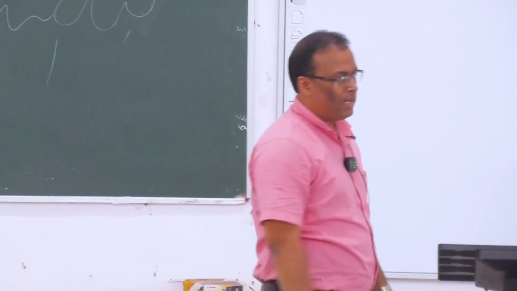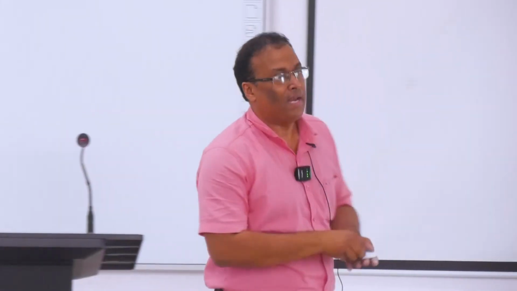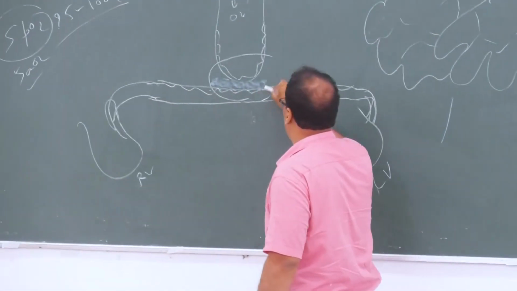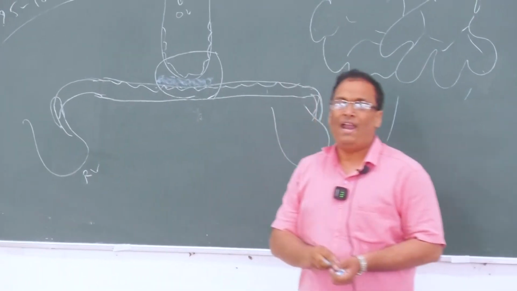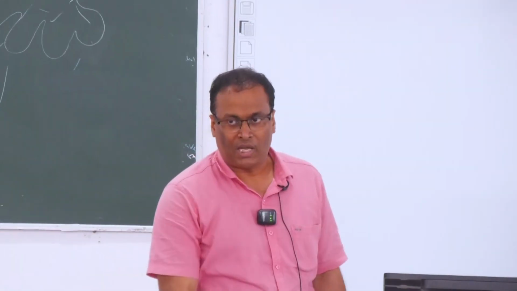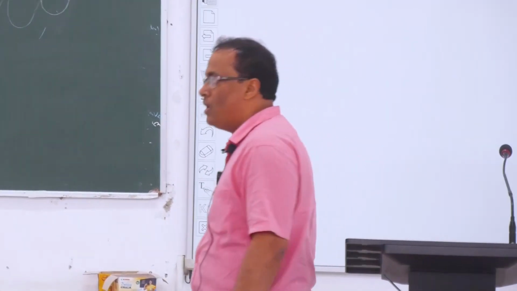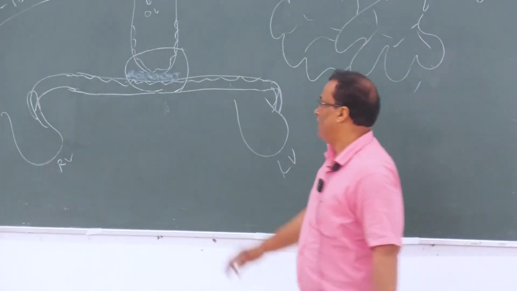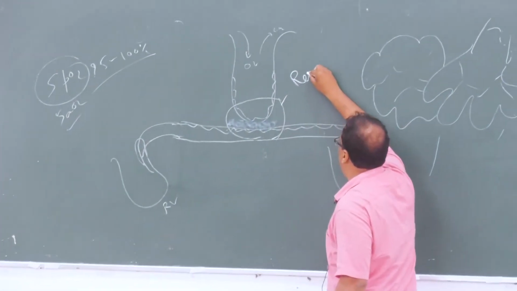So if anyone asks you, what do you mean by respiratory membrane? Respiratory membrane means alveolar cells type 1 and type 2, basement membrane or basal lamina, and endothelial layer or endothelial cells of the pulmonary circulation. Finish. That is called the respiratory membrane.